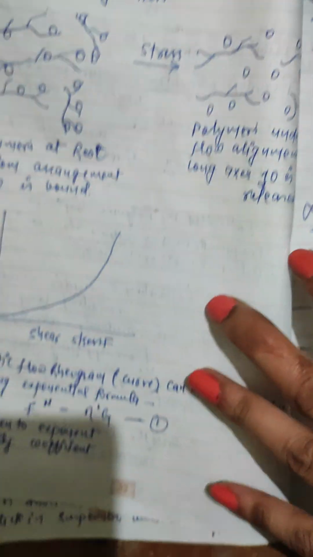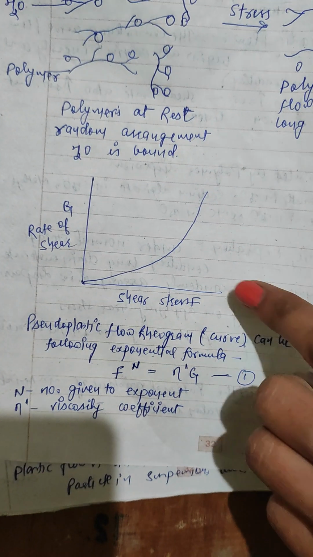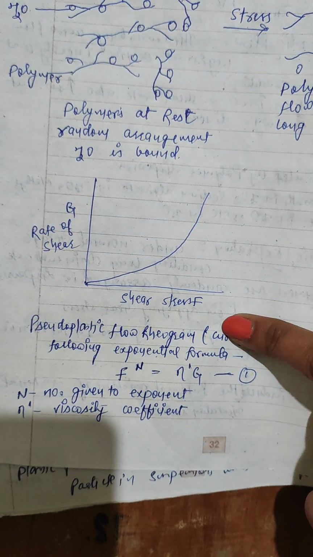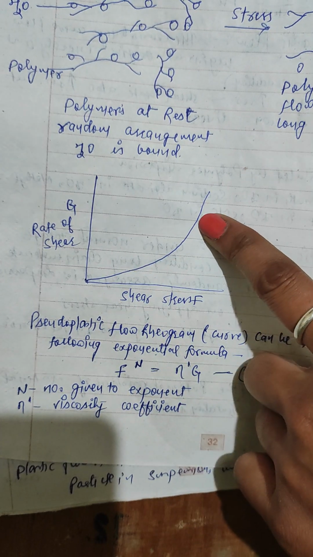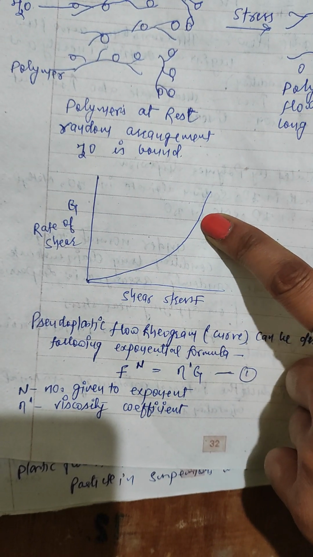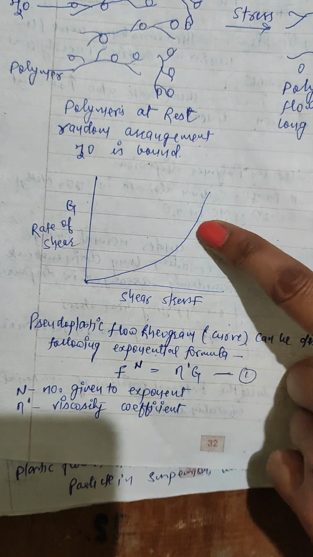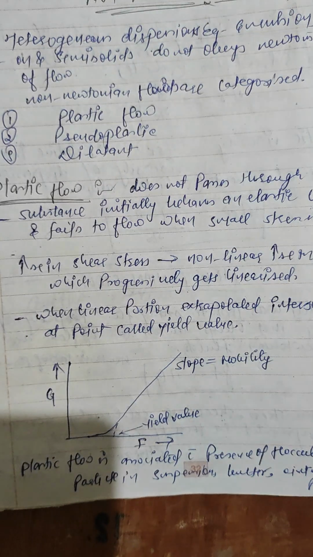Here you can see the graph. The rheogram between rate of shear and shear stress starts from the origin, but it is also non-linear. Why are these graphs non-linear? Because these are non-Newtonian fluids, right?